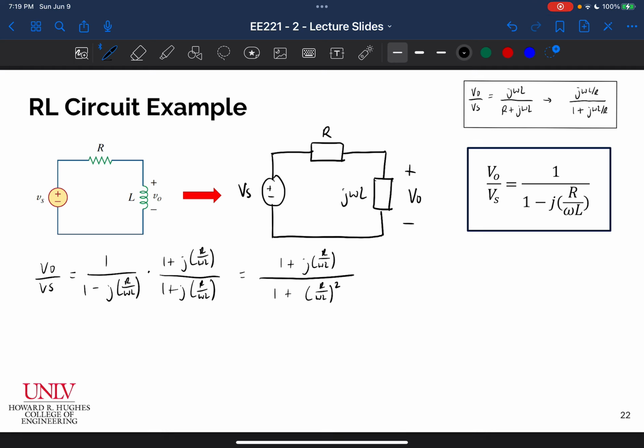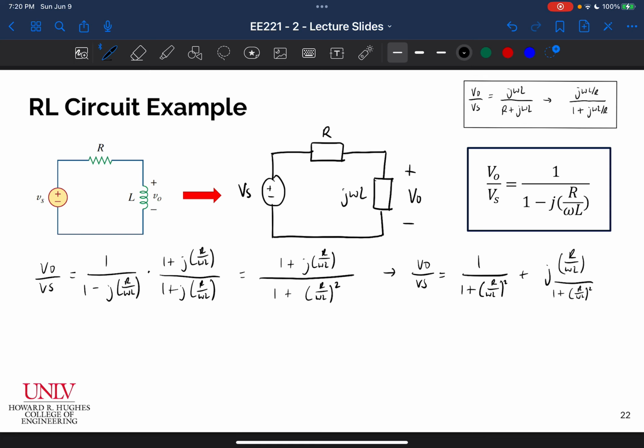Okay, and so from here, now I can separate this into real and imaginary parts. I can say V out over Vs is equal to 1 over 1 plus (R over omega L) squared, plus j times (R over omega L) divided by 1 plus (R over omega L) squared.